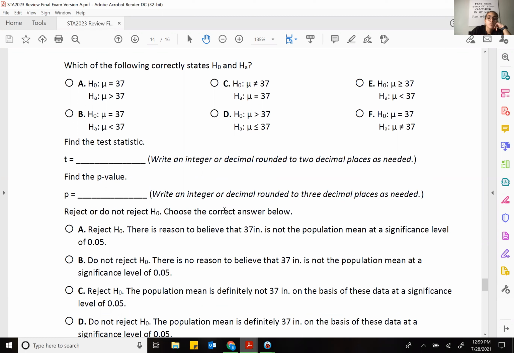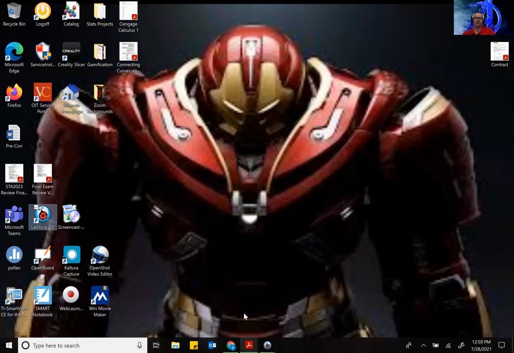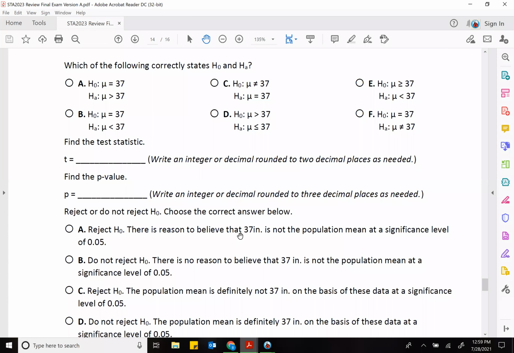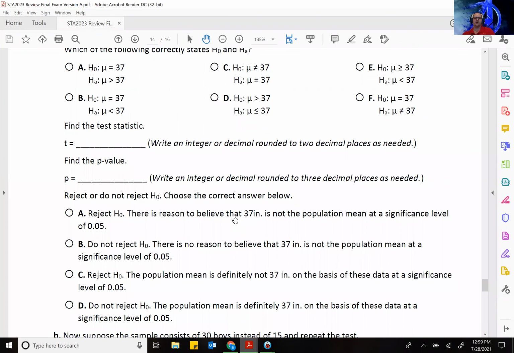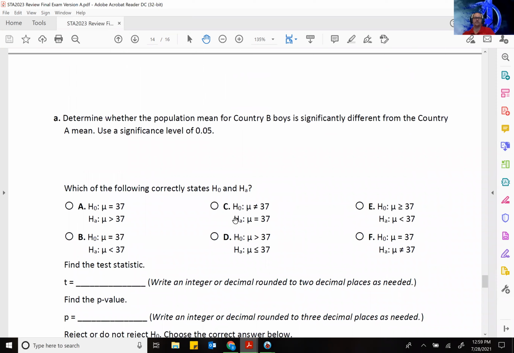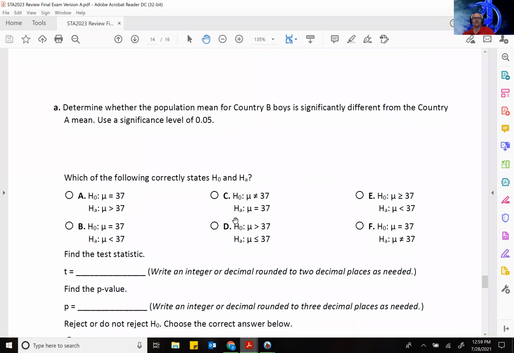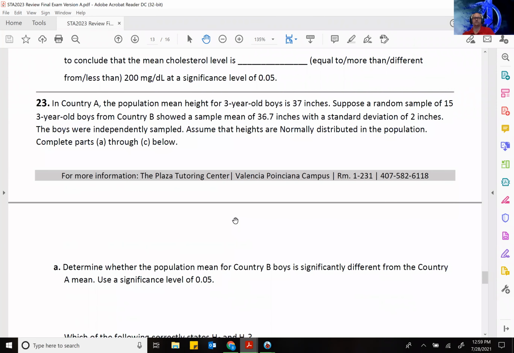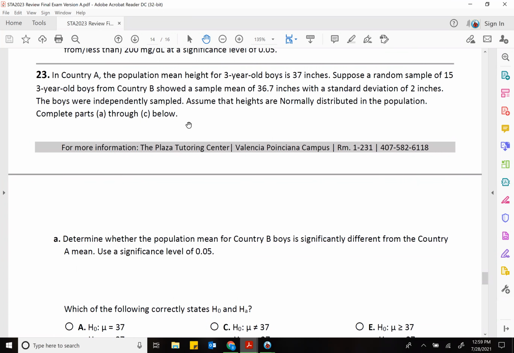Nope. 1. Can you go up to the original question? Yes, thank you. It is a 1 sample t-test. So that means it's paired, it's dependent. No. It's a 1 sample. Oh, okay. There was only 1 sample taken.